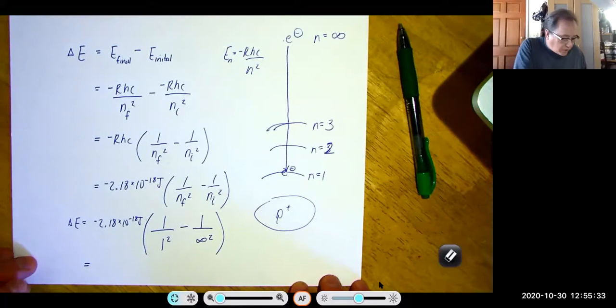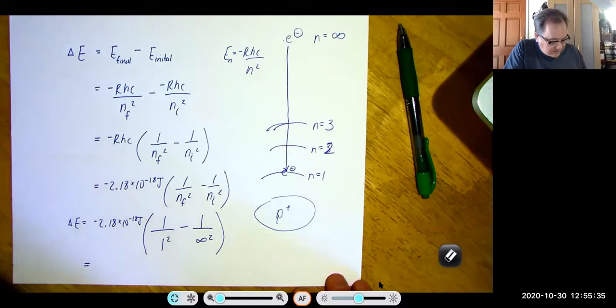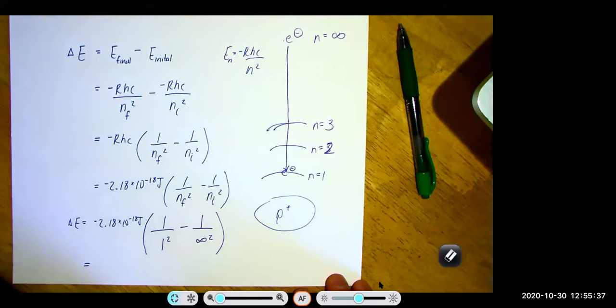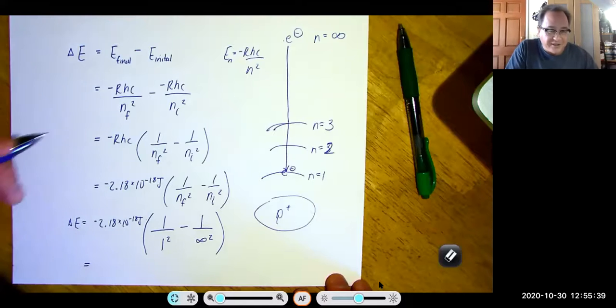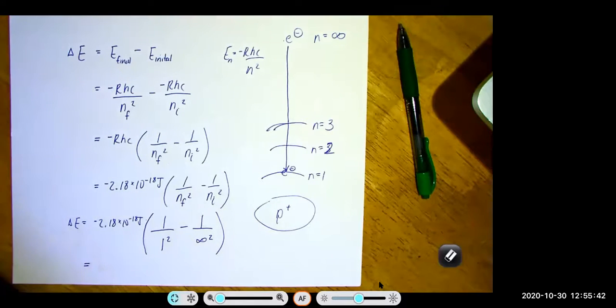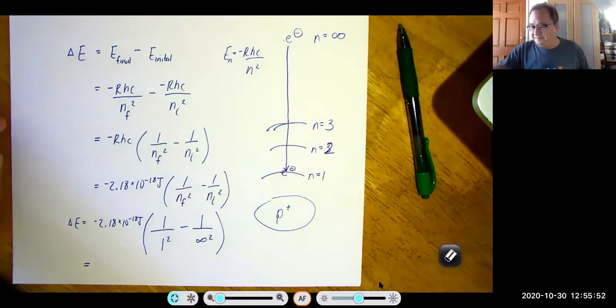So what's 1 over 1 squared? 1. Good. Didn't need your calculator, did you? No. What's 1 over infinity squared? 1 over infinity squared. Yeah.